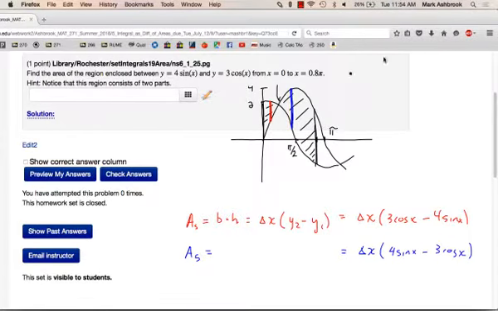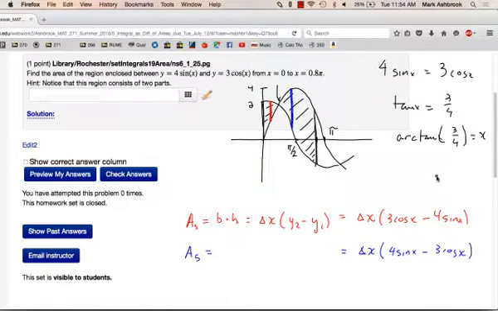That's the x value that makes the y's the same. So where is 4 sine x equal to 3 cosine x? Well, that's where tangent x, sine over cosine, equals 3/4. So it's arctan of 3/4. So we're going to integrate from 0 to arctan of 3/4.